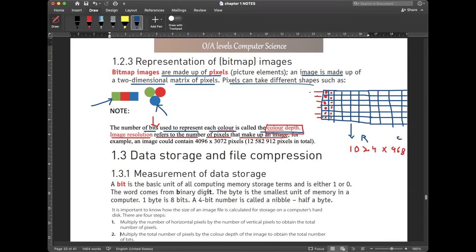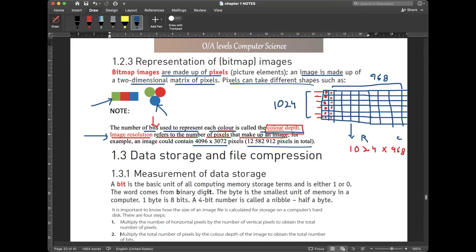Look, rows are these things, so if there are 1024 rows and these are the columns and there are 968, then if you multiply 1024 by 968, you will get the answer. Whatever the answer is, that is the total pixels, and that total is called the image resolution.